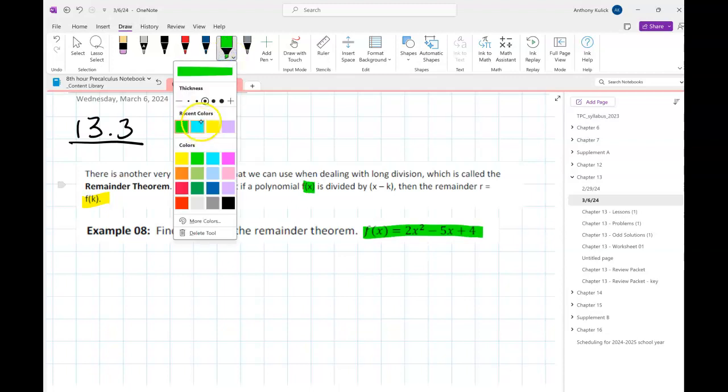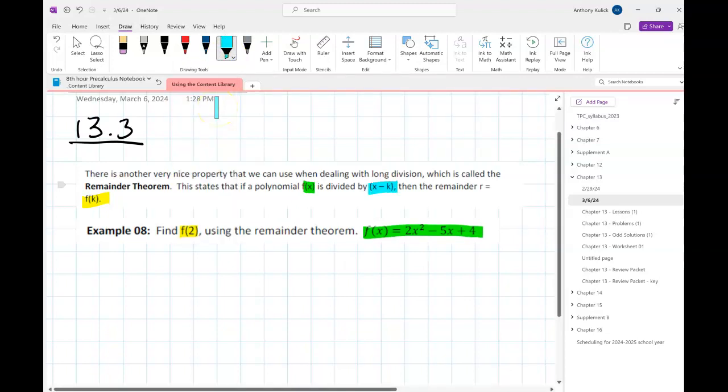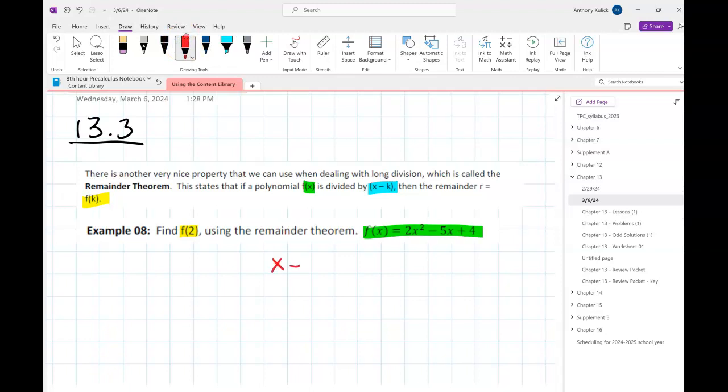So what is my x minus k then? What is k? k is 2, right? Well, f of k, f of 2. So k is 2, right? Okay.